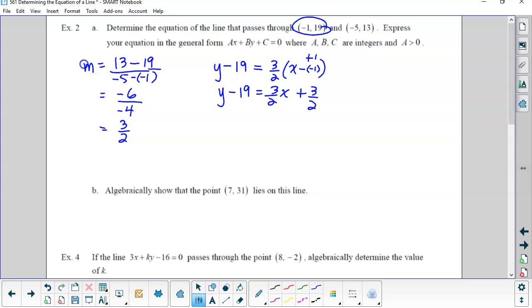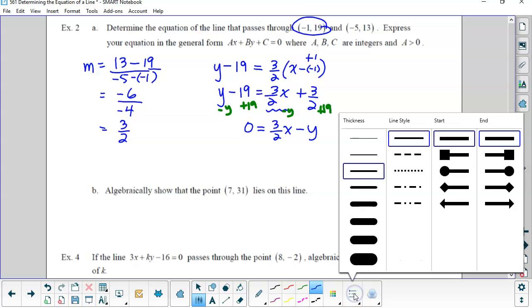And we want to get everything on one side and A being positive. Notice how the x term, the coefficient is positive, so I'm going to bring everything to the right. That's going to be 3 over 2 x minus y, and really I'm subtracting y from both sides, adding 19 to both sides. Well, 19 is 38 over 2.